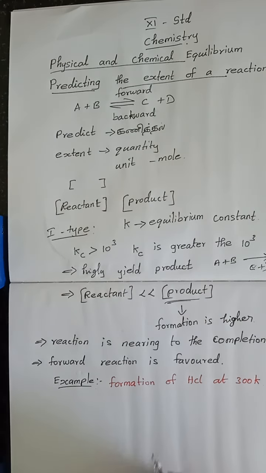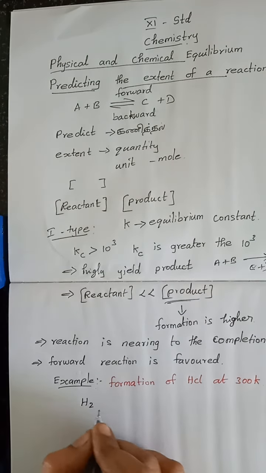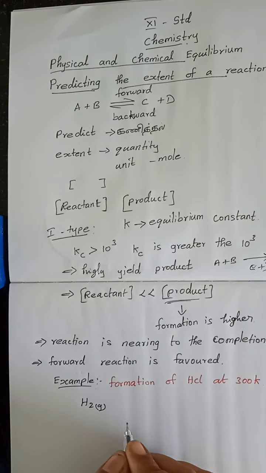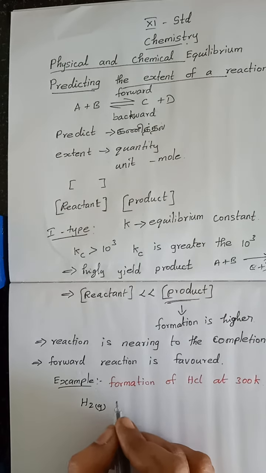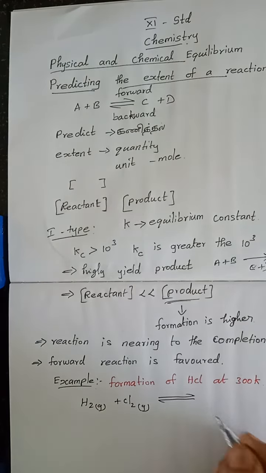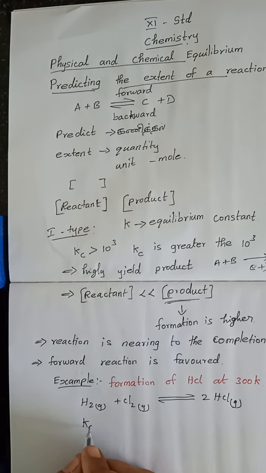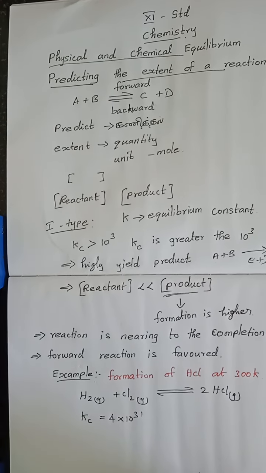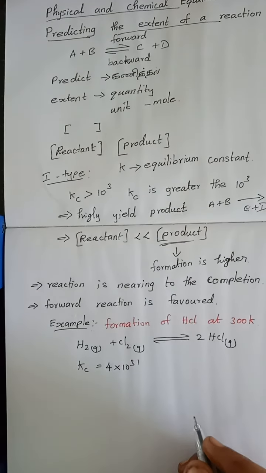HCl formation reaction. H2 gas molecule, so this is a homogeneous reaction. H2 gas plus Cl2 gas, the reversible reaction gives 2 moles of HCl gas. So in this reaction the Kc value is 4 into 10 power 31.